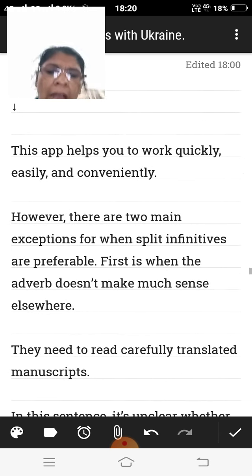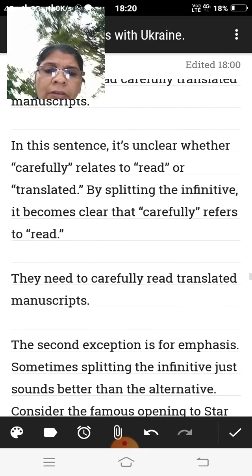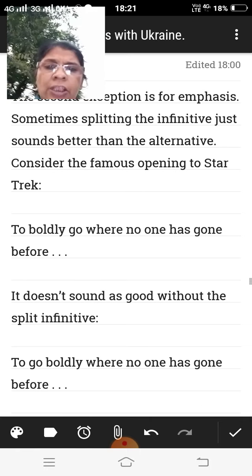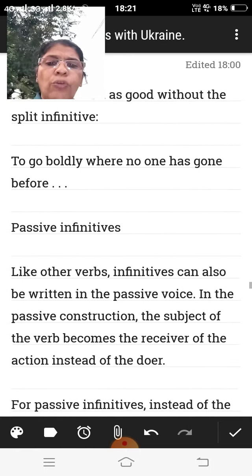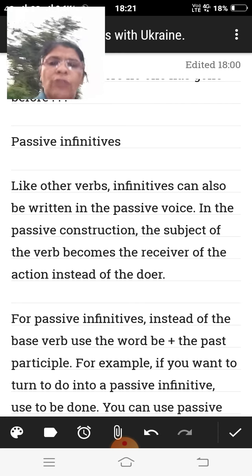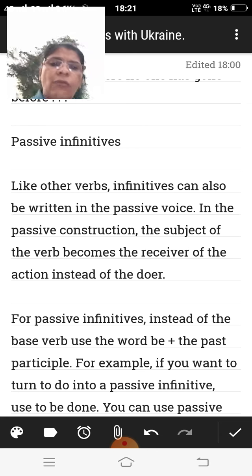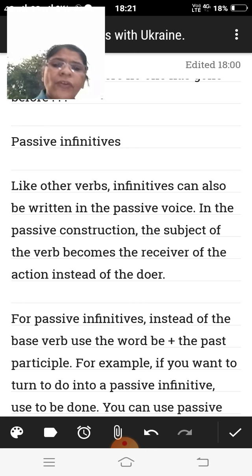So now I explain everything related to the infinitive. Now I explain to you passive infinitive. Like other verbs, infinitives can also be written in the passive voice. In the passive construction, the subject of the verb becomes the receiver of the action instead of the doer.